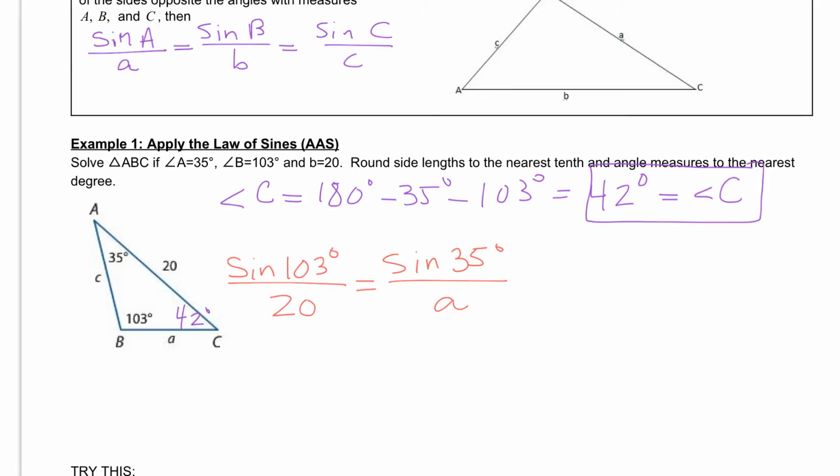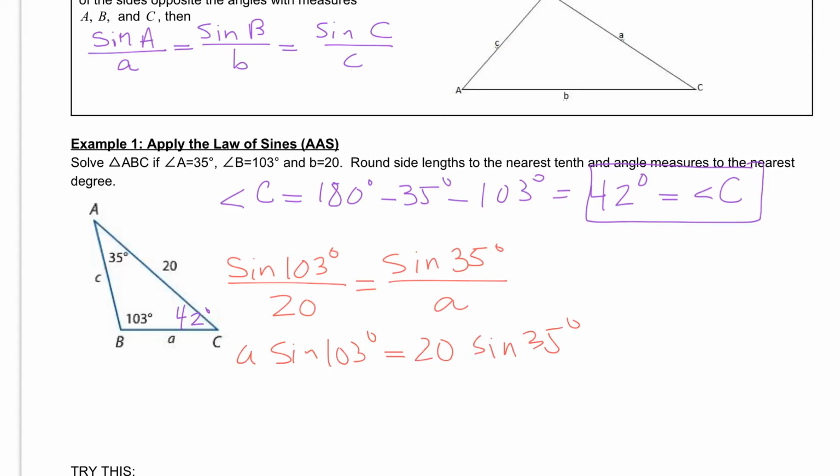So I only have one unknown. To solve this, I'm going to use cross multiplication. So I have a times the sine of 103 degrees equal to 20 times the sine of 35 degrees.